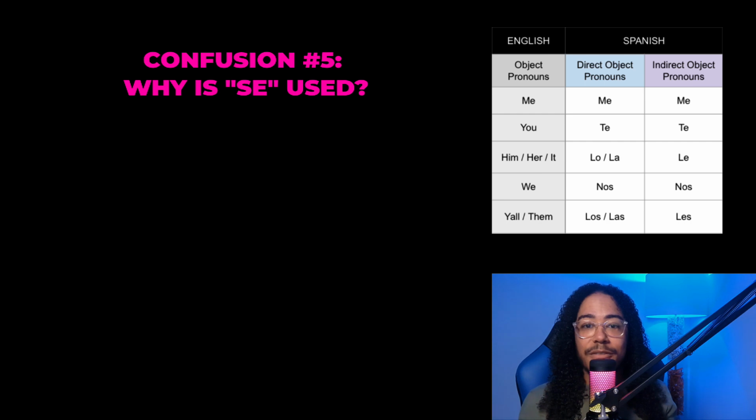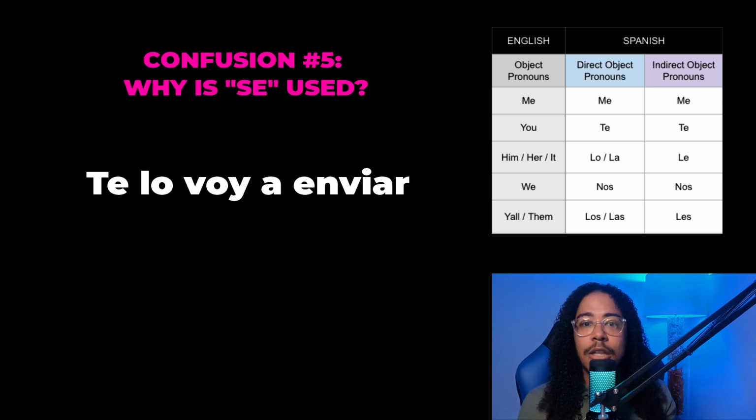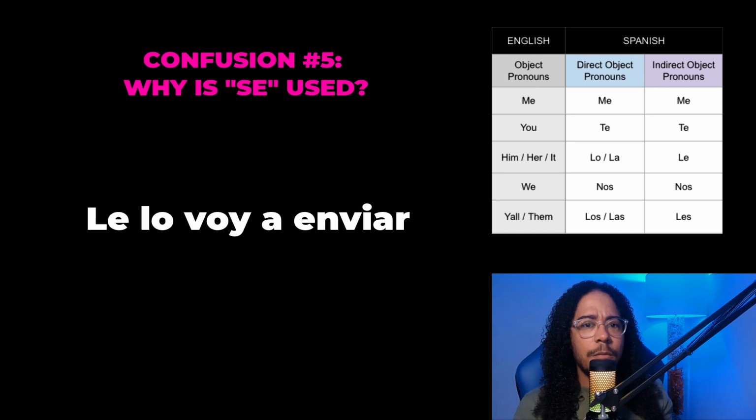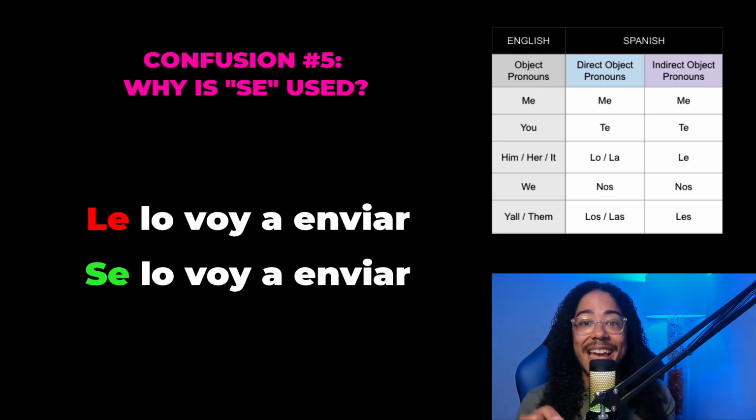Here's our last point of confusion and often one of the biggest ones. Earlier, we saw a sentence that looked like te lo voy a enviar. I'm gonna send it to you. But what if I wanted to say I'm gonna send it to him? Wouldn't that be le lo voy a enviar? No. It would be se lo voy a enviar.